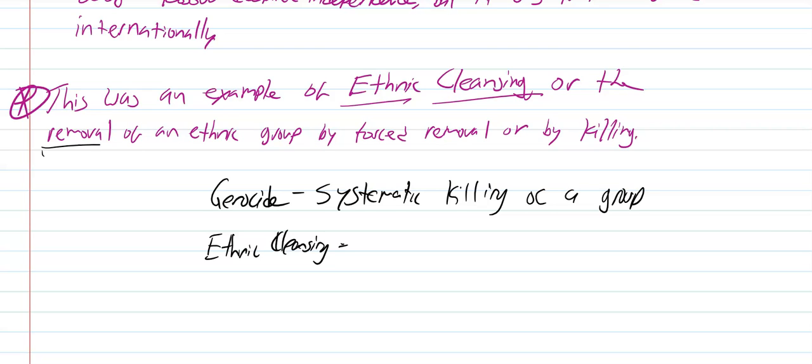All right, now I've got it written up here. The removal, okay, removal of that group, and that can include killing. All right, but there's also going to be other tactics that are involved there as well that don't necessarily result in the death.